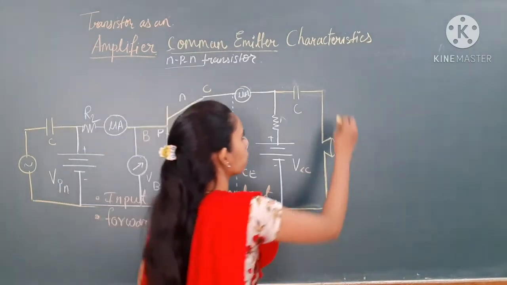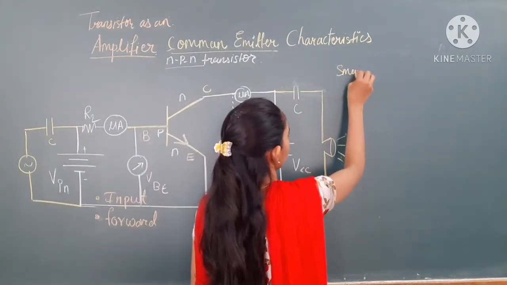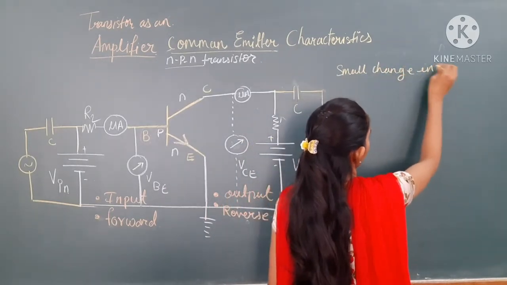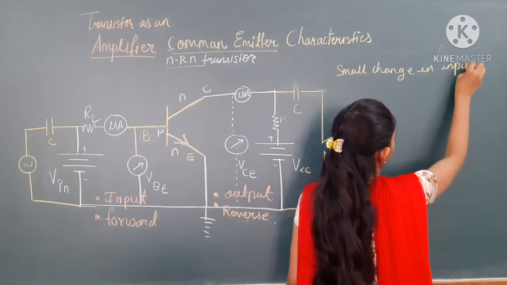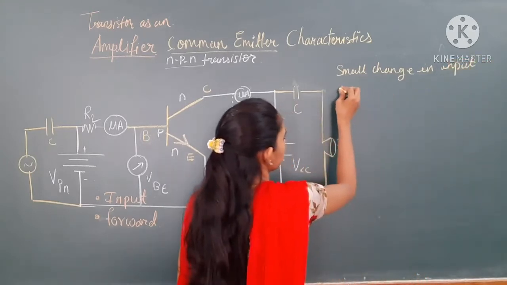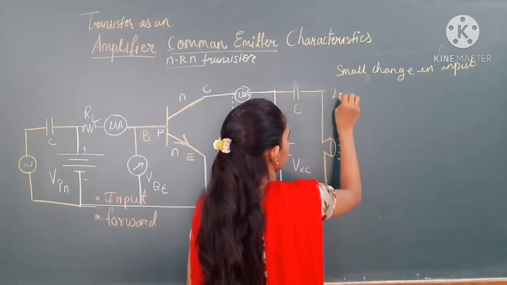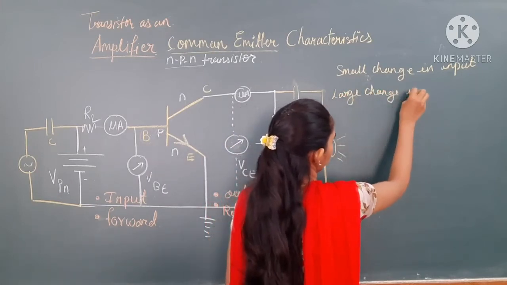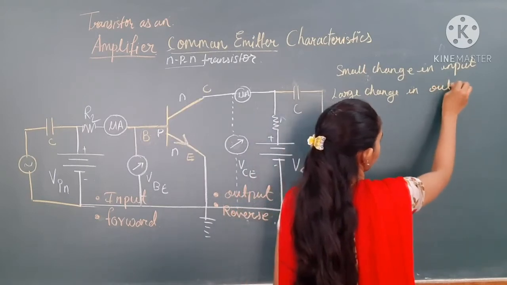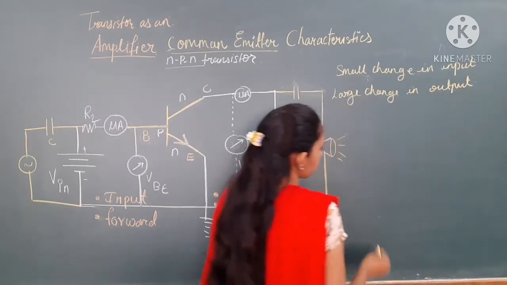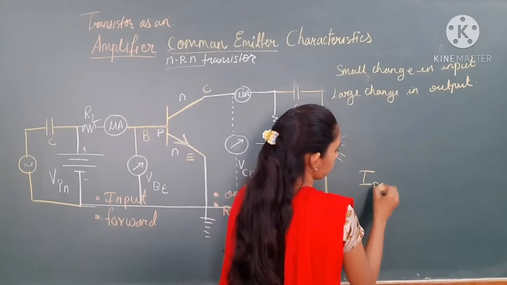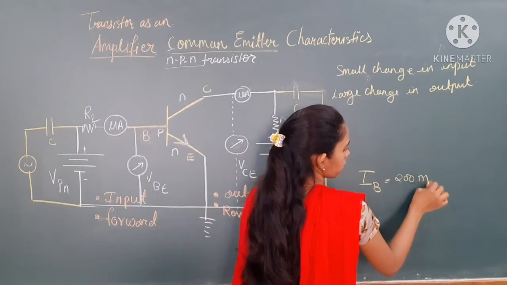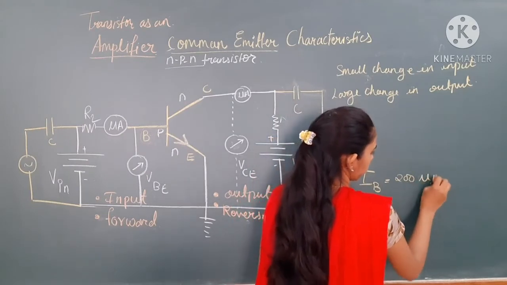So here we can write: small change in input, we get large change in output. That is, if the input current IB is changed, for example, to 200 microampere.